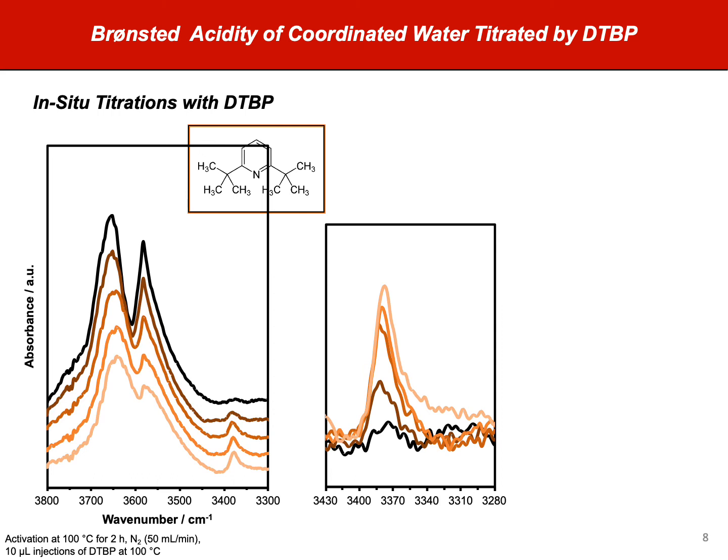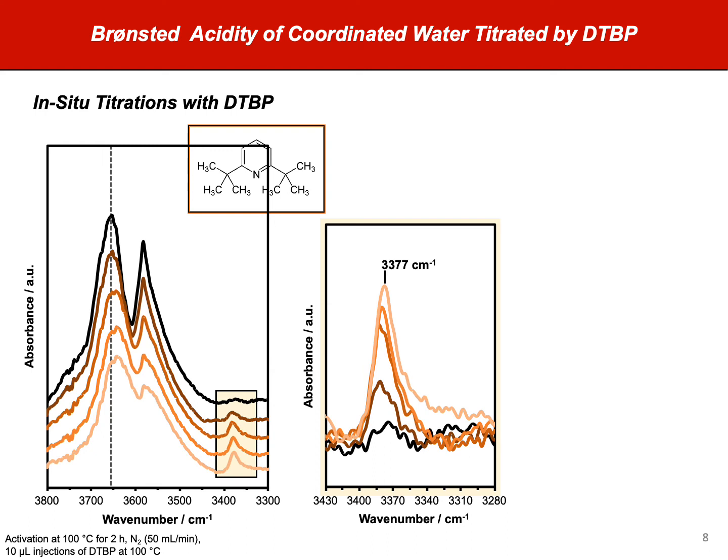So what we observe is that the wave number of the hydroxyls corresponding to the water bound to chromium sites shifts monotonically to lower wave numbers, indicating that a smaller fraction of the water molecules have hydroxyls that are not bound to the nitrogen in DTBP.